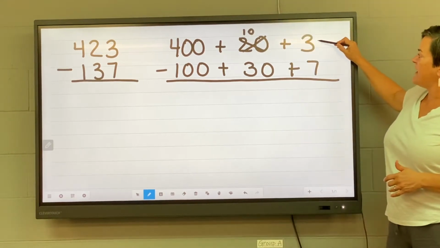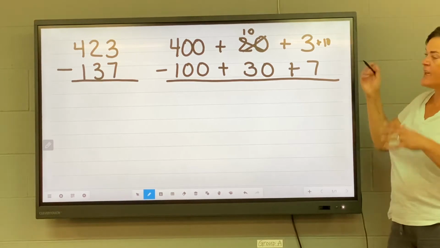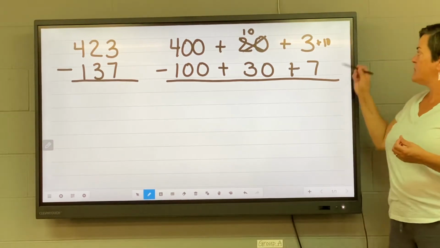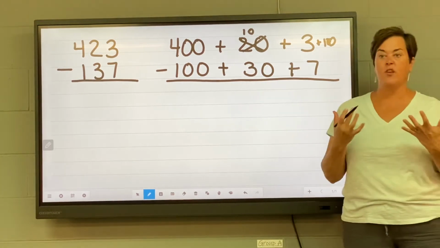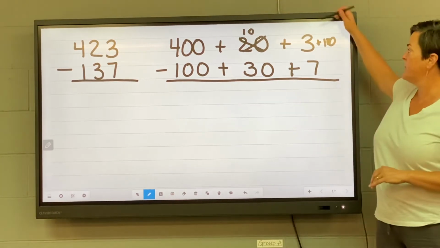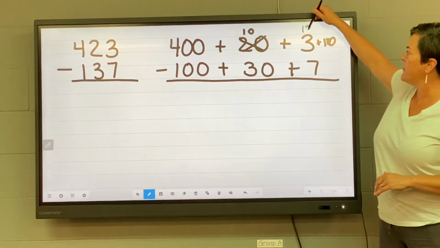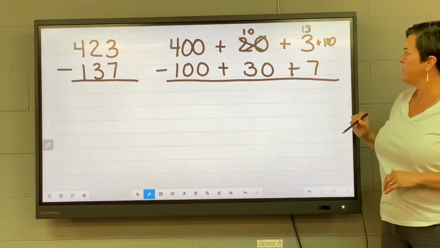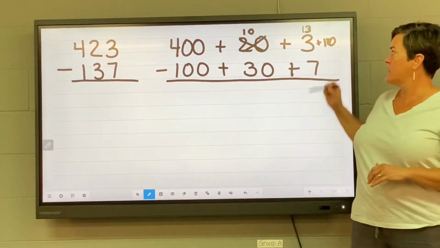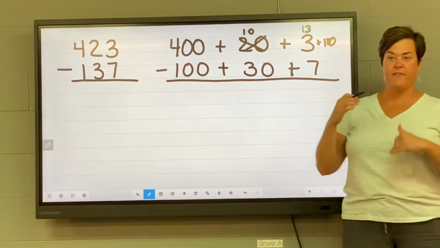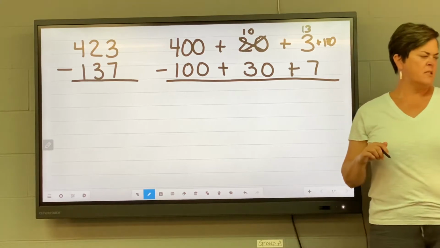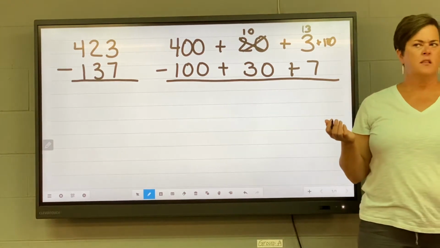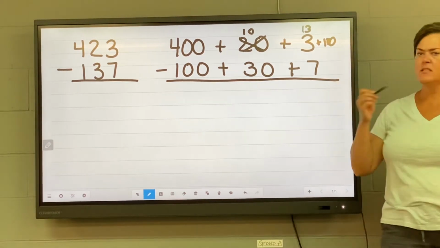Now I'm adding that 10 because I'm breaking it apart, right? That's supposed to be a 0. I'm adding that 10 to this 3. So now how many ones do I have? 13. So now I have 13 ones. Can I subtract 7 from that 13? Yeah. What is 13 minus 7?